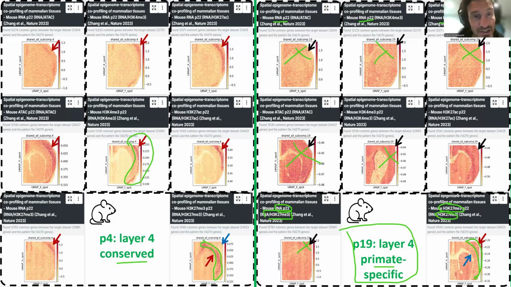And in this case, it is being used specifically in the primate in layer 4 neurons and not there in the mouse, but actively not there, actually shut down specifically to not show up in layer 4 neurons.